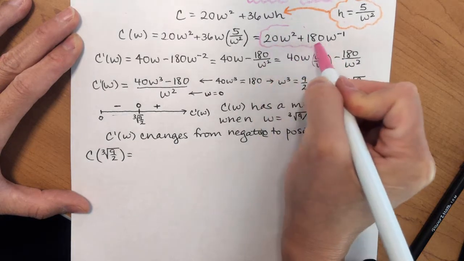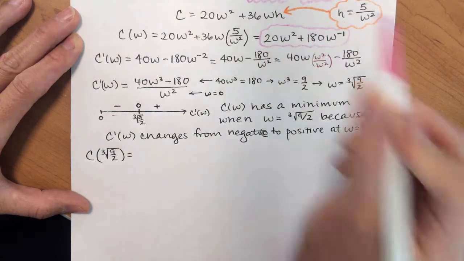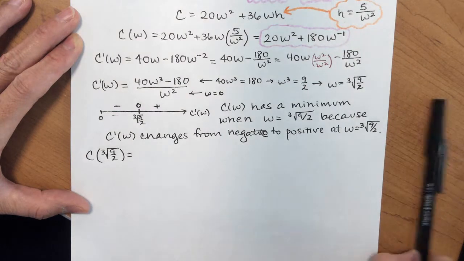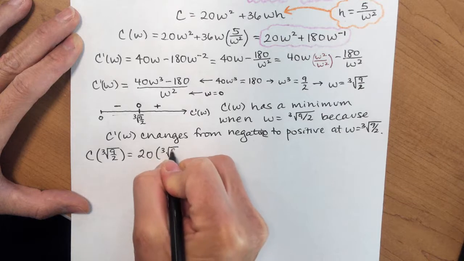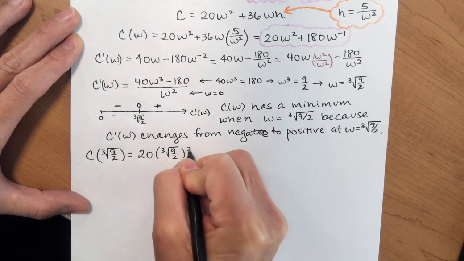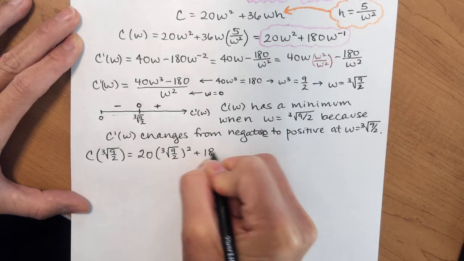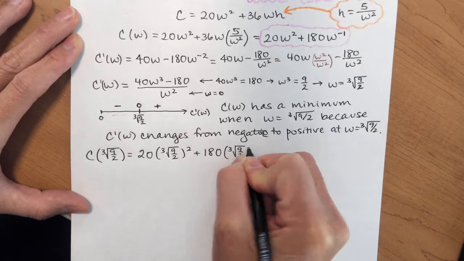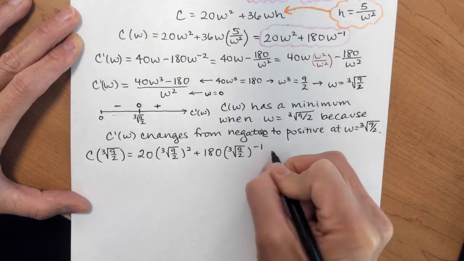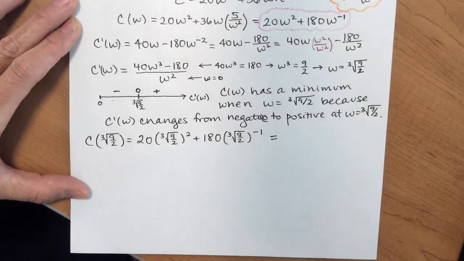Here's my cost equation. That's going to be 20 times the cube root of 9/2 squared, plus 180 times the cube root of 9/2 to the negative 1. So let's see what I get.